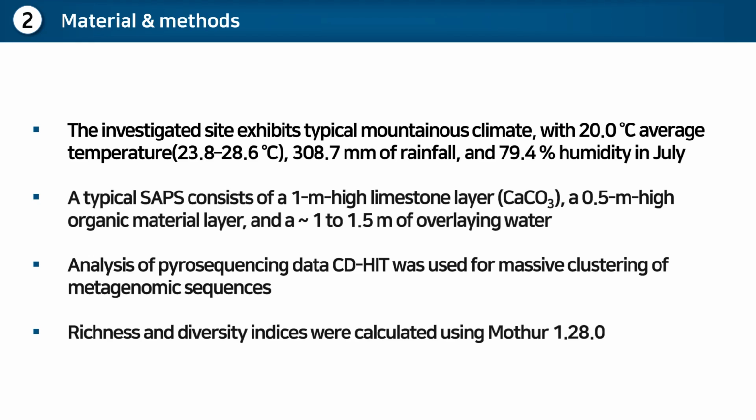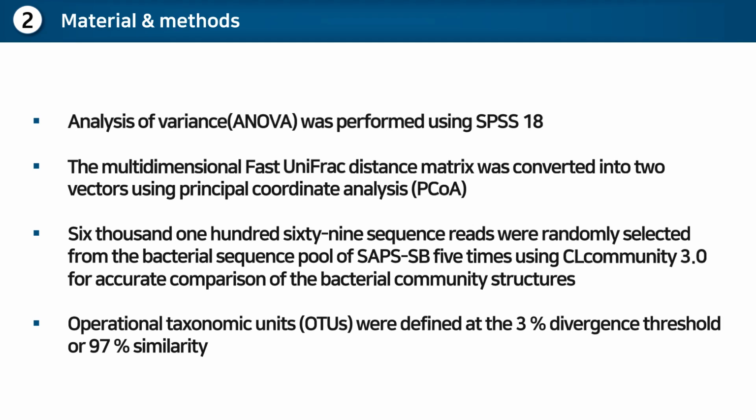In the analysis of pyrosequencing data, CD-HIT was used for massive clustering of metagenomic sequences. Richness and diversity indices were calculated using MOTHUR 1.28.0. Analysis of variance, ANOVA, was performed using SPSS 18.